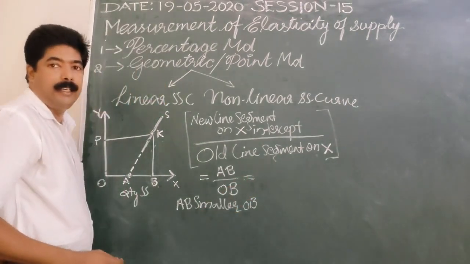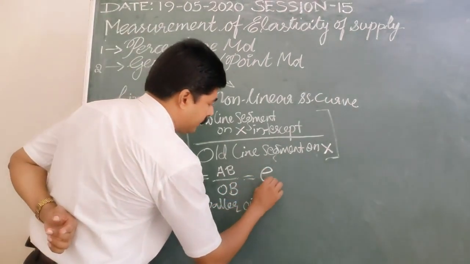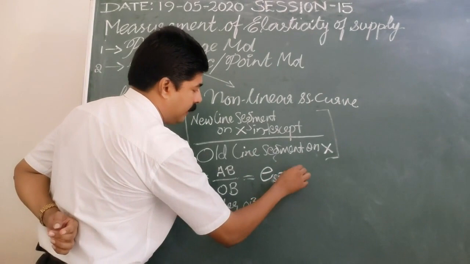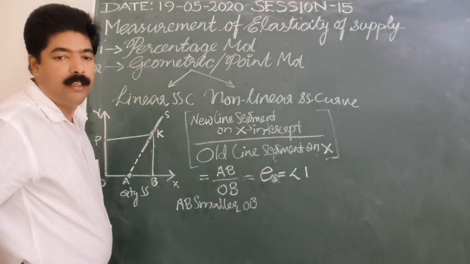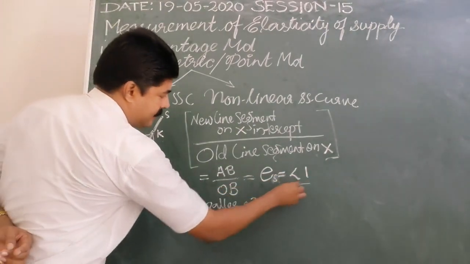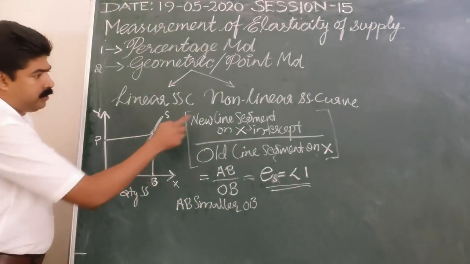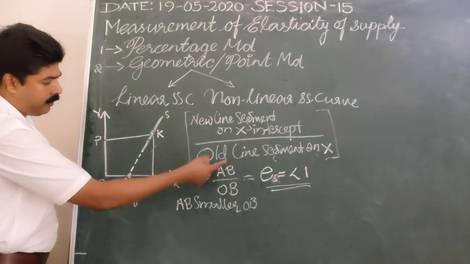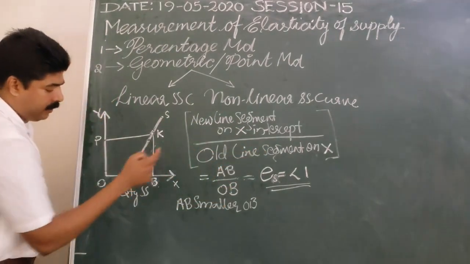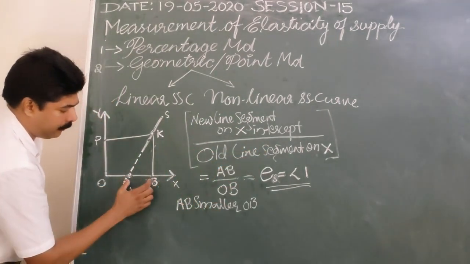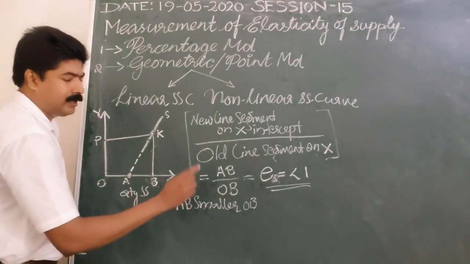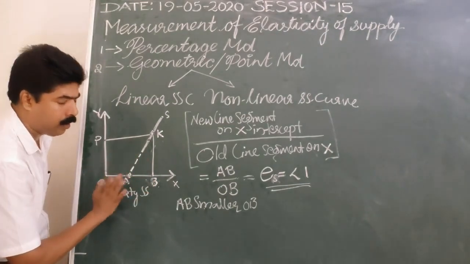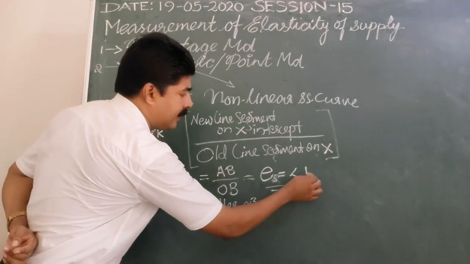So we can say the price elasticity of supply is less than 1. Why? New line segment on x-intercept is AB upon OB, the old line segment. AB is smaller than OB. Therefore, the ratio of change in quantity supplied is less than OB, and therefore the value is less than 1.